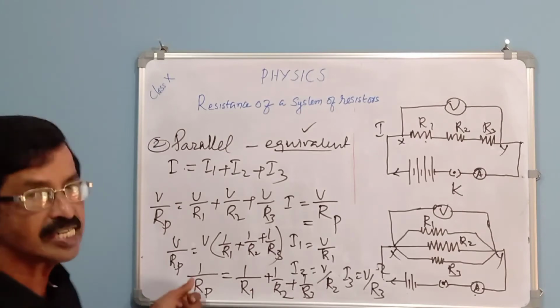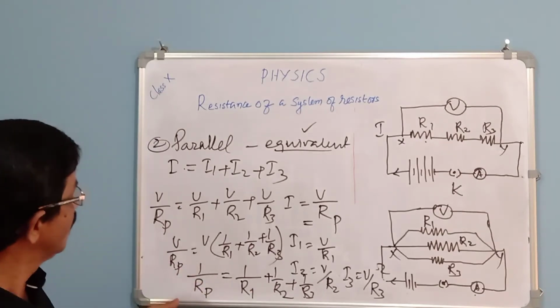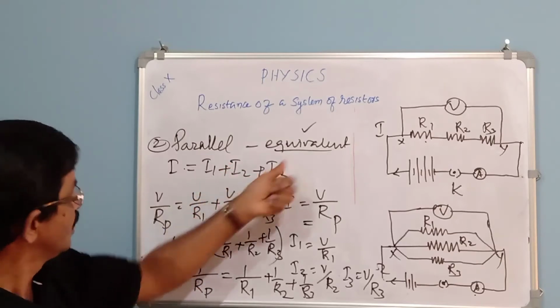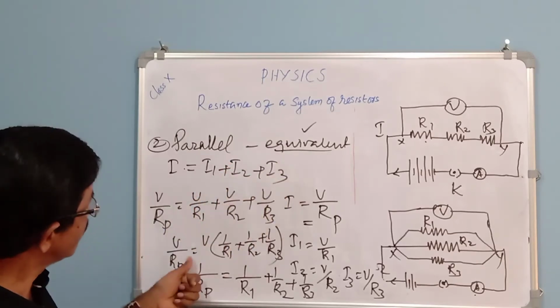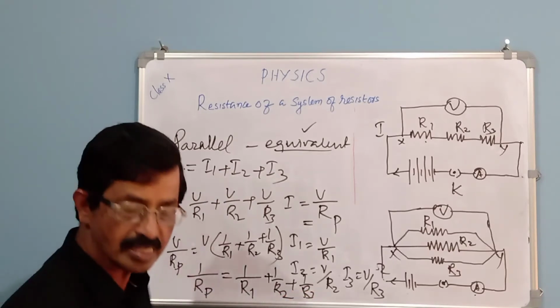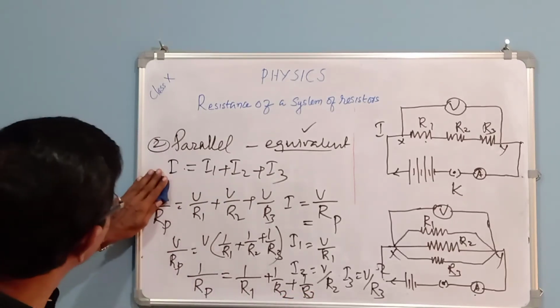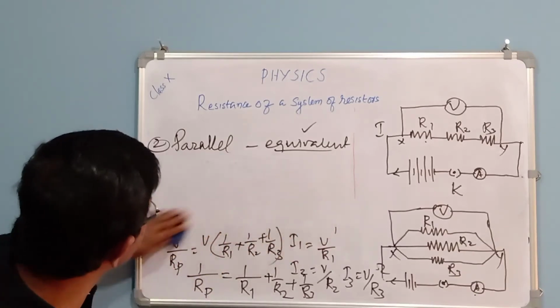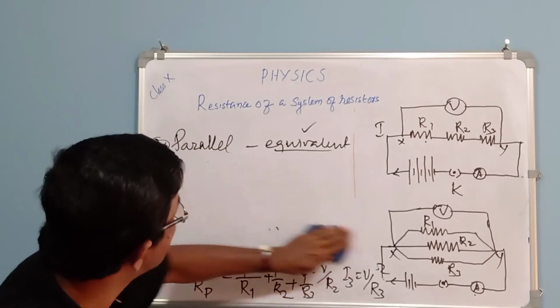So when the resistors are connected in parallel, the effective or equivalent resistance Rp, its reciprocal, is equal to the sum of the reciprocals of the individual resistors. That means 1 by Rp is equal to 1 by R1 plus 1 by R2 plus 1 by R3.